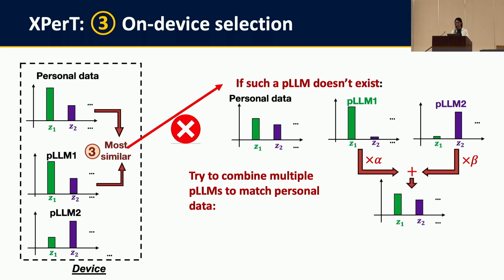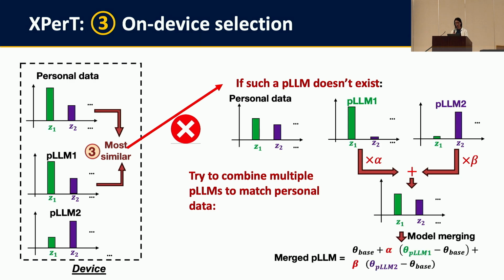And the coefficients in the combination, which are alpha and beta in the figure, can help to get the model merging as shown in the formula below. After this, we can start the fine-tuning from this merged model.